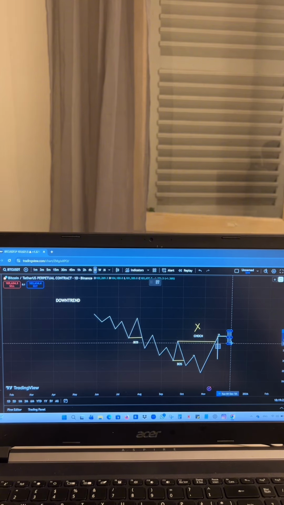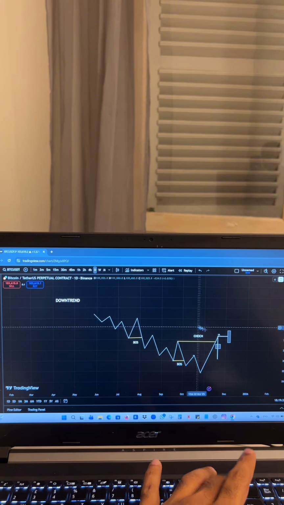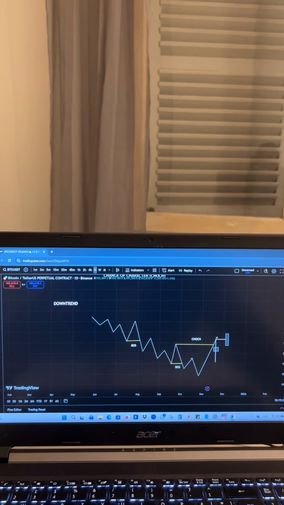We go through the wick until it hits a candle body. If it hits a candle body, this becomes a valid change of character, and if it does not, this is not a valid change of character. Okay, so that's how you identify a valid change of character in a downtrend.